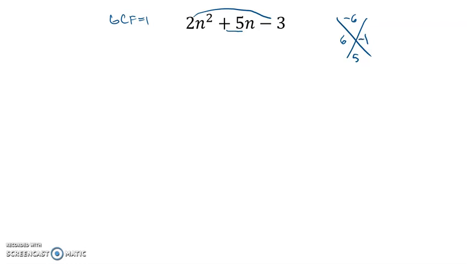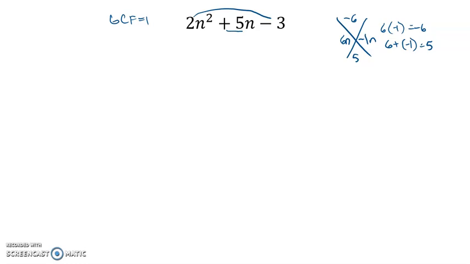So if I make that 1 negative, 6 times negative 1 equals negative 6, and 6 plus negative 1 equals 5. That works. So we're going to split the middle 5n into 6n and negative 1n.